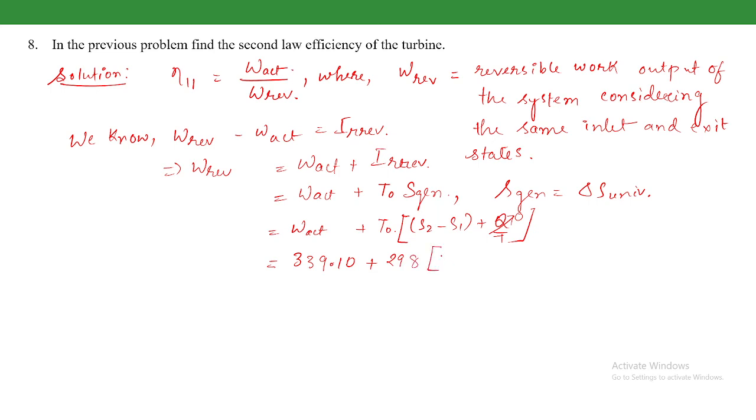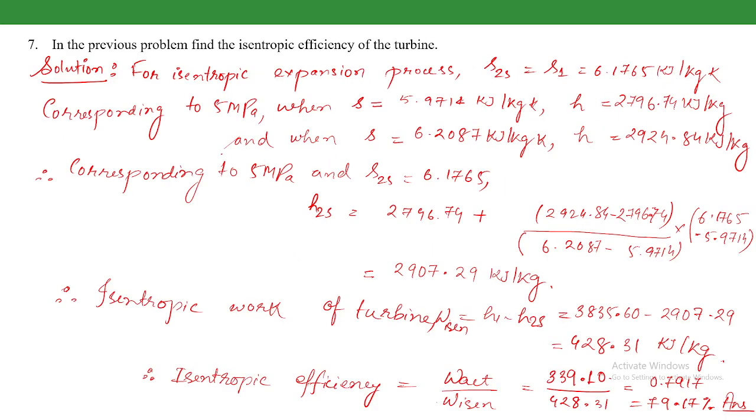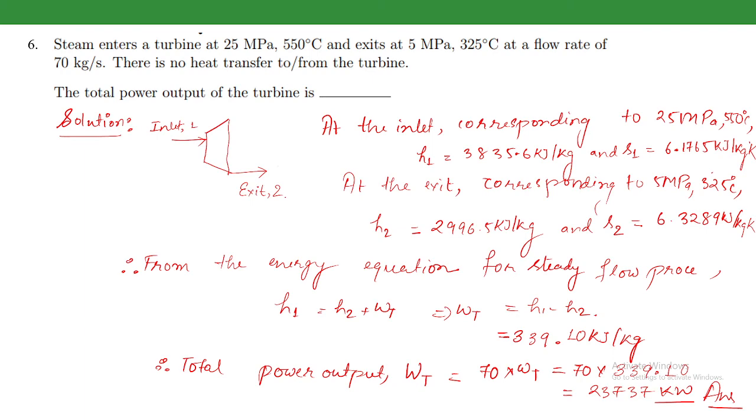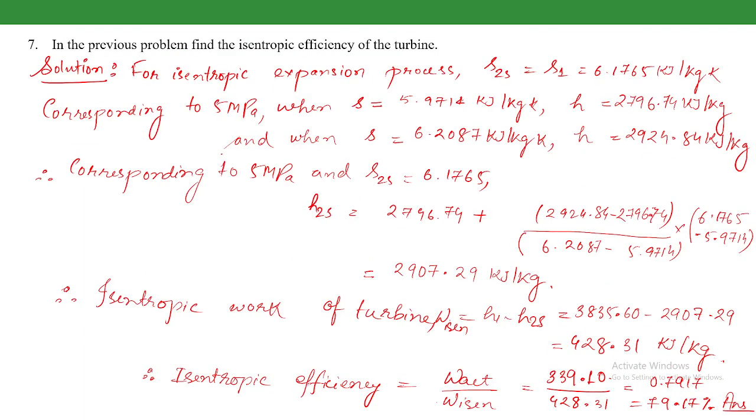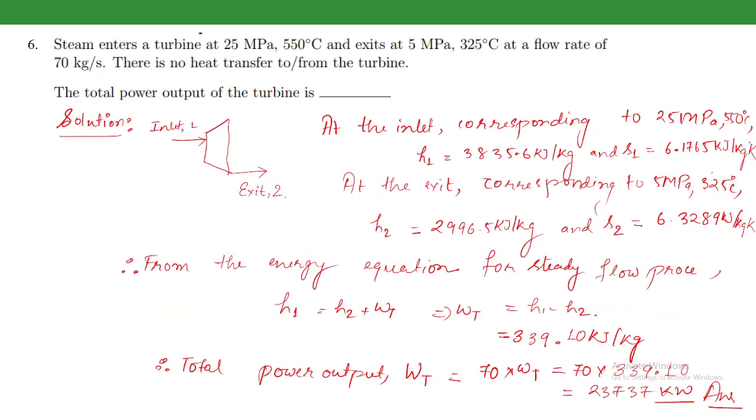And S2 minus S1, that is 6 point, what is the final entropy? 6.3289. See, we are not considering the isentropic process here, because we have to consider the reversible process and not the isentropic process. So the reversible process has nothing to do with the isentropic process that we considered before. So the original exit state is 6.3289 entropy.